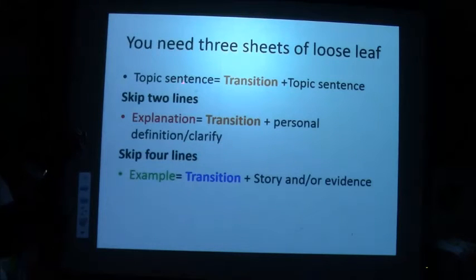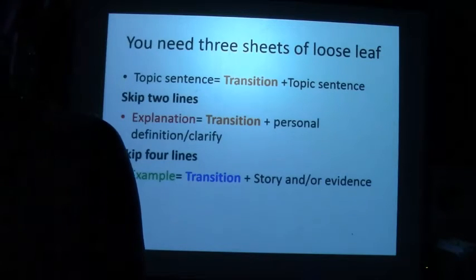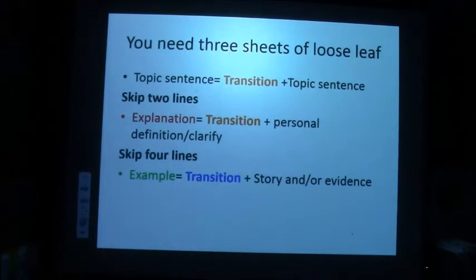Have them write each one of their topic sentences on a separate sheet of paper. I do this so that students can realize that each one of those boxes becomes a paragraph. They need to start making connections between that, and some of them don't. So I have them write each one of their topic sentences on a separate sheet of paper.